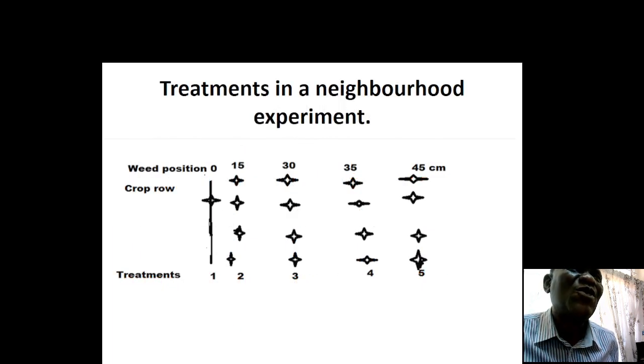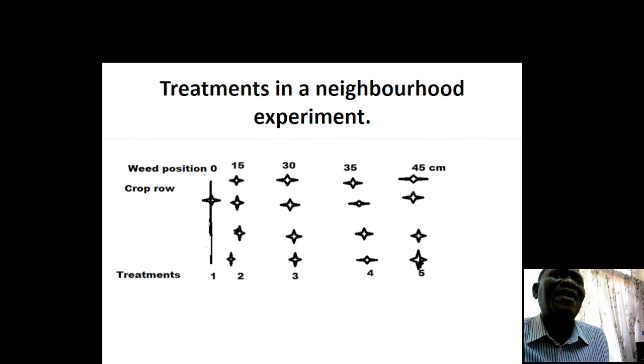So you have got a crop row, and your treatment can be like this. At 0, you have got weeds within the crop row. And you can have weeds which are 15 centimeters away. Then you can have weeds at 30, 35, and 45. And you determine what can happen to your crop.